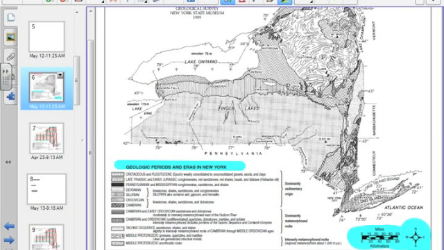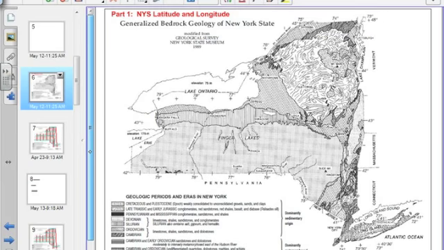Okay, that actually we will take a look at a later time. In addition to the general focus of getting our bearings straight in this map, what I'd like to spend some time on today is latitude and longitude, because that's a skill that we learn early on and we can apply it to this map.